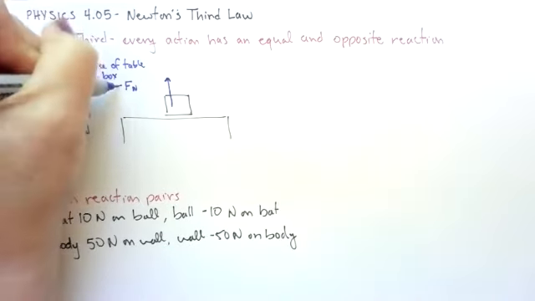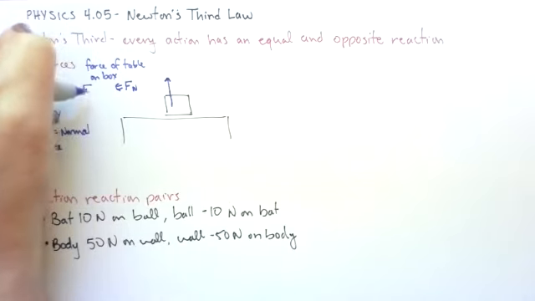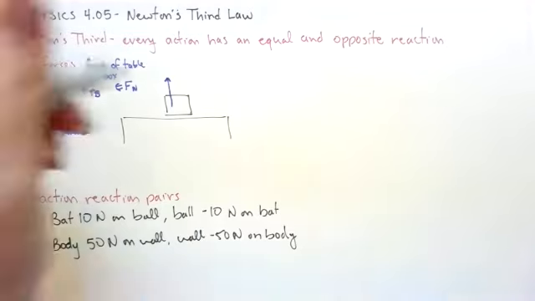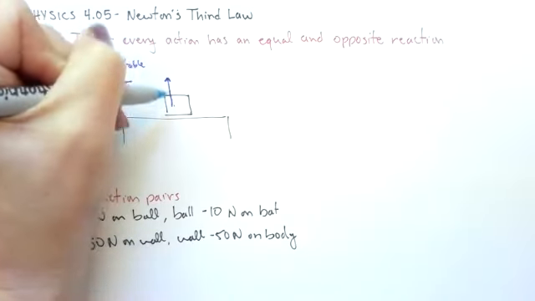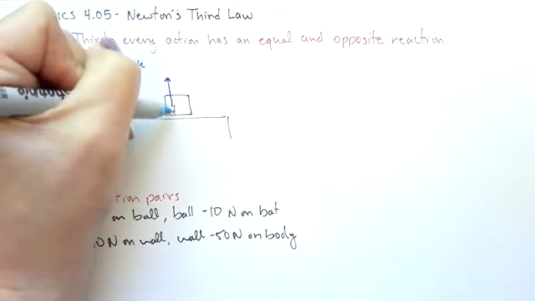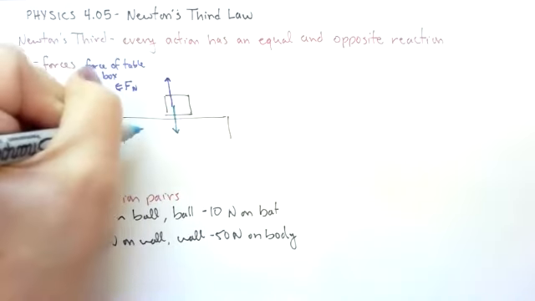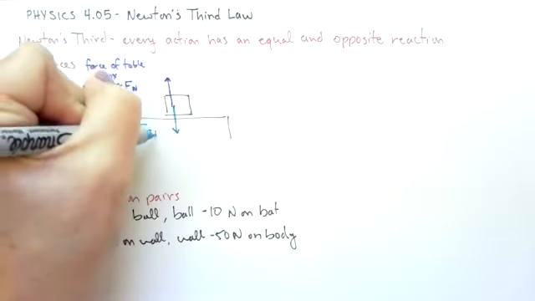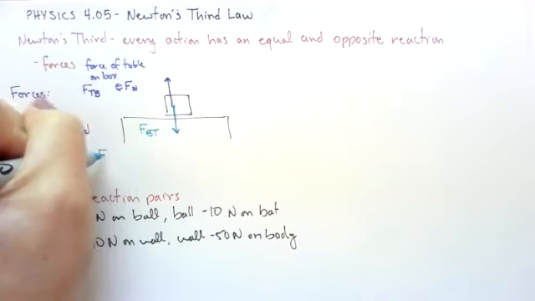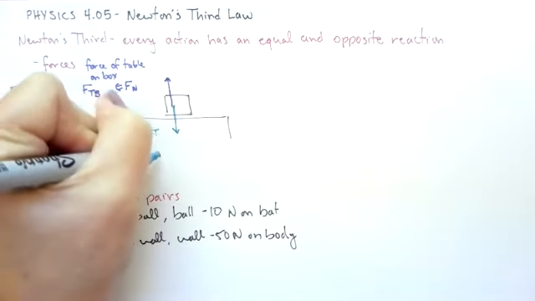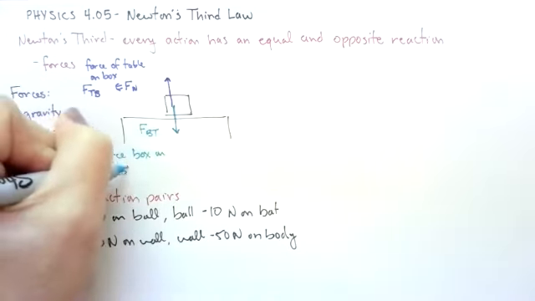So I'm going to rewrite this as FTB. That means that the box has to exert an equal and opposite force. So that's the force of the box on the table.